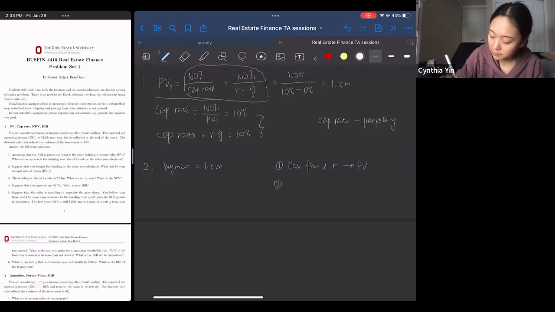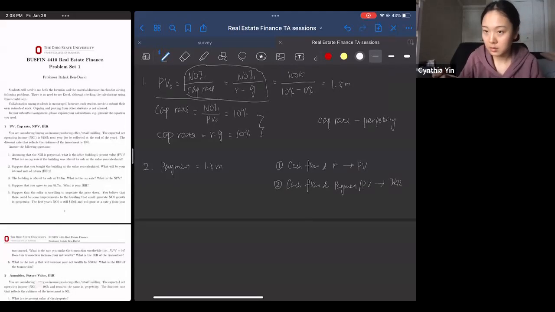But if you have cash flow and the payment or present value, and you want to find IRR, you're evaluating the return that you get on the investment. The logics are very different. That's why this question asks for IRR, not R, because R, the discount rate, most of the time means the market one, which is given at the top of the question.